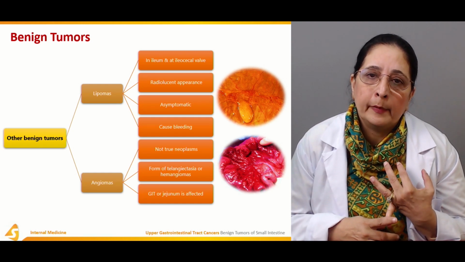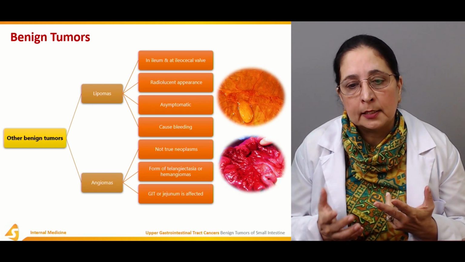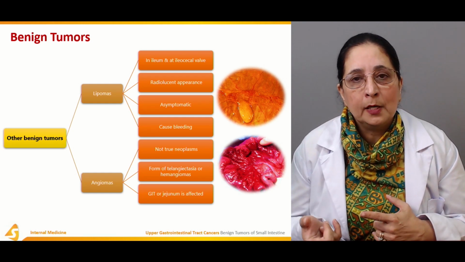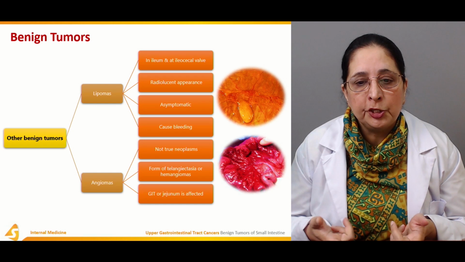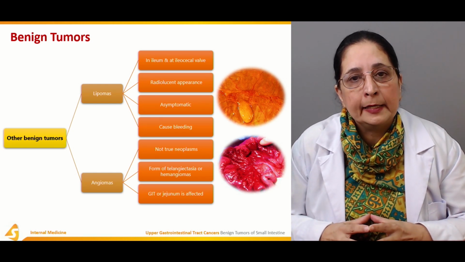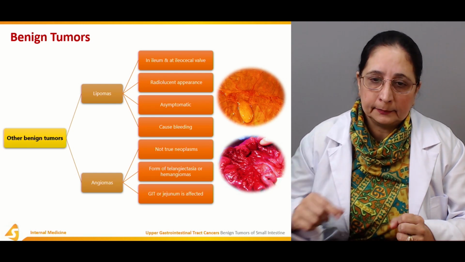Some are more common in the duodenum, some in the jejunum, and some in the ileum. Lipomas are asymptomatic, and angiomas are mainly a form of telangiectasia or hemangiomas.